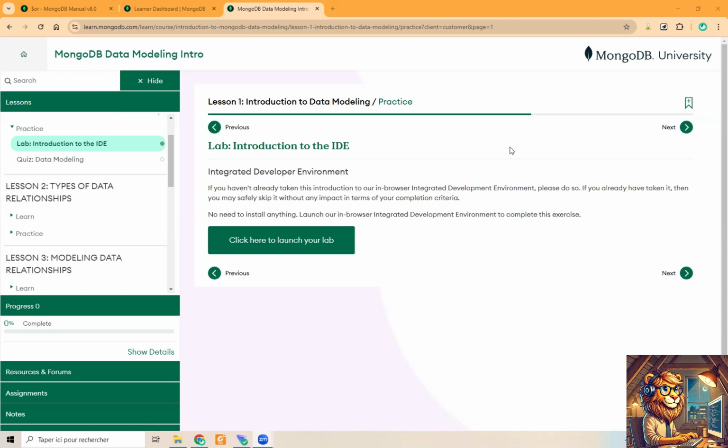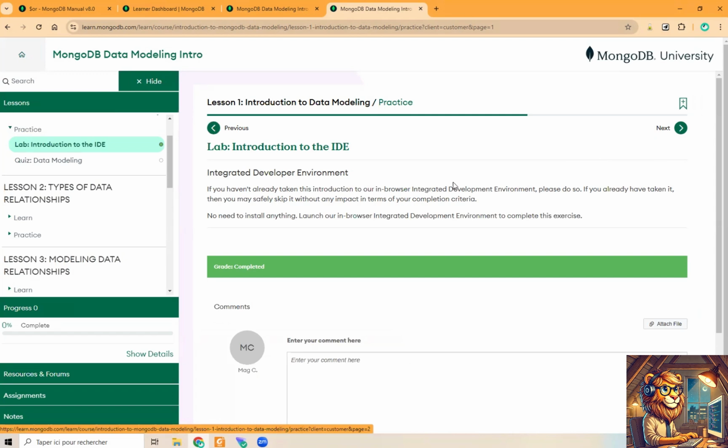Whereas in relational databases, we create the data and then we give our endpoints to the front end people to use. So let's have a look at this through the lab.